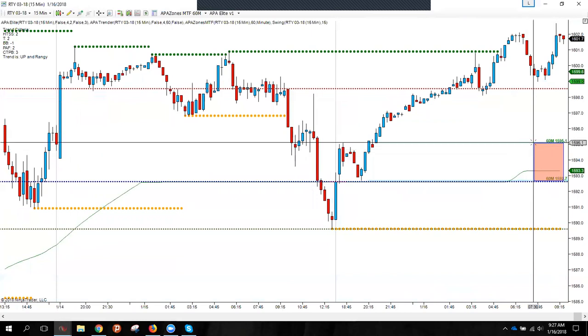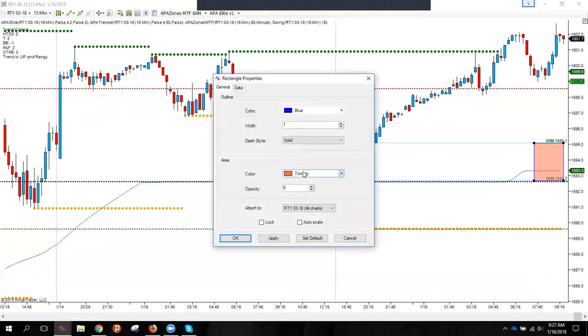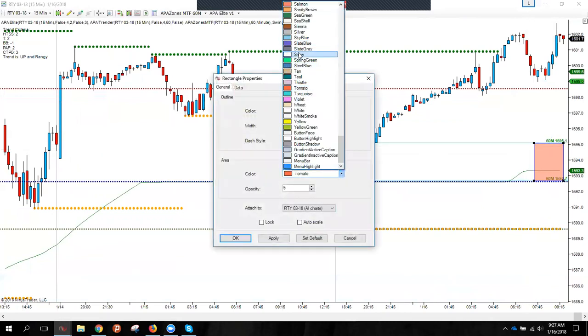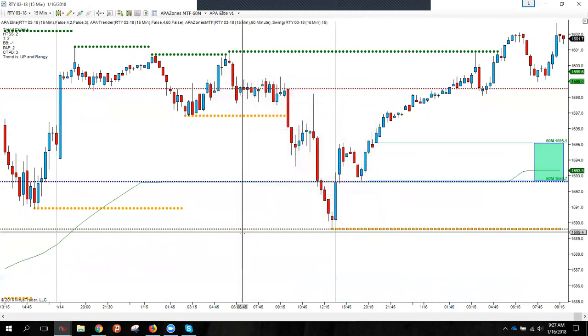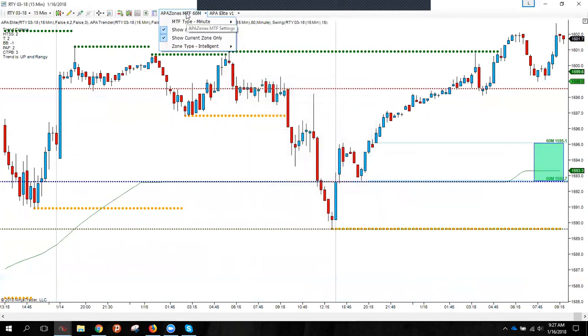There is no 60-minute demand zone or supply zone right now, so I'll wait for it to create itself in the next hour, if I trade that long.